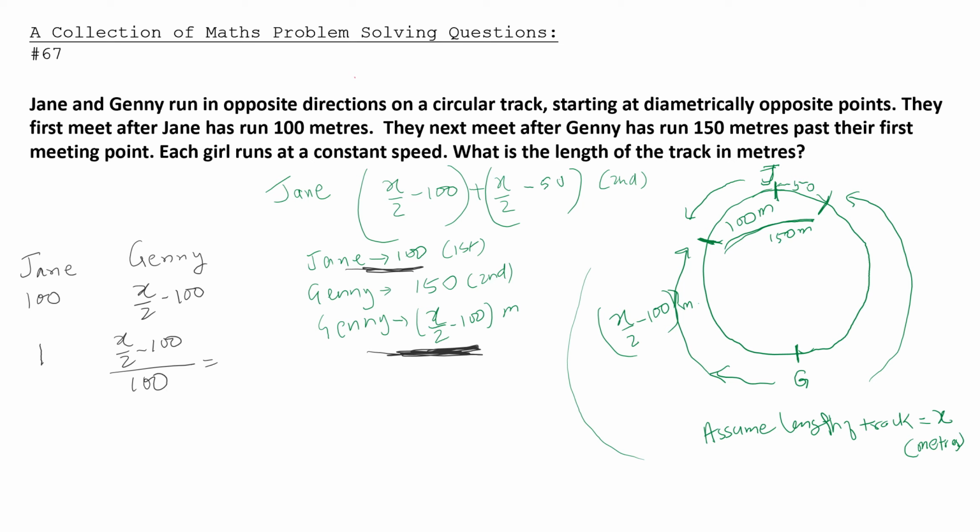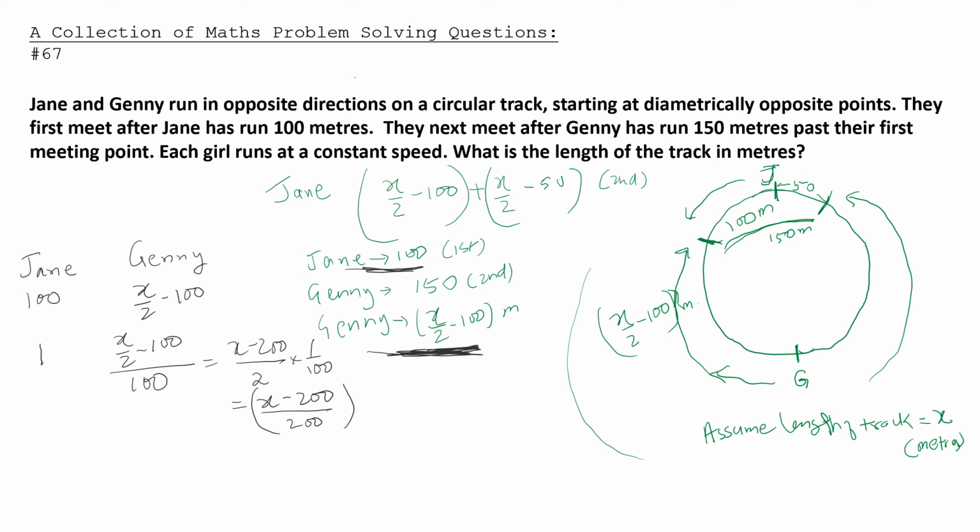That equals x minus 200 divided by 2 multiplied by 1 out of 100, which gives x minus 200 divided by 200, all in meters. Okay, this is the first instance.